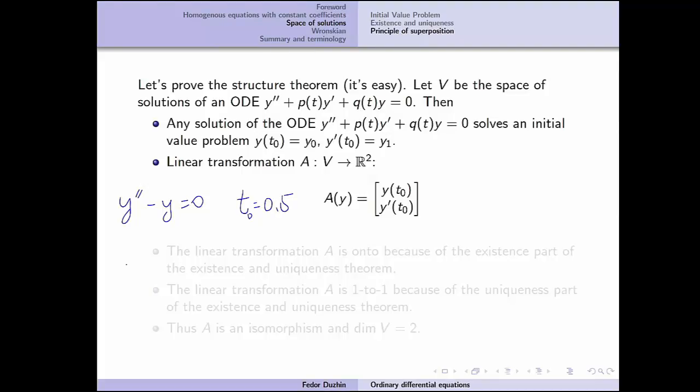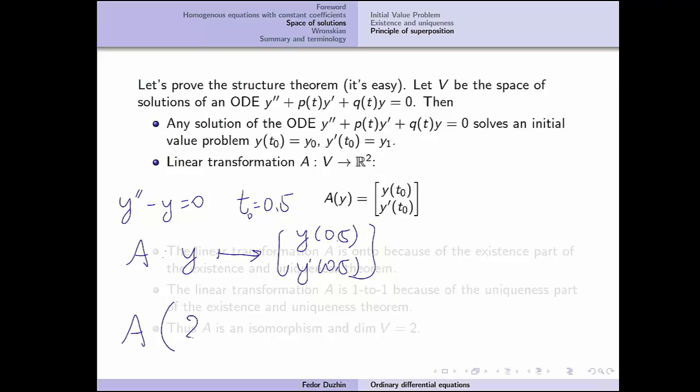Then my A sends every y to the corresponding pair of numbers, which is y of 0.5 and y prime of 0.5. For example, A of, say, 2 e to the t plus e to the minus t would be the following vector.